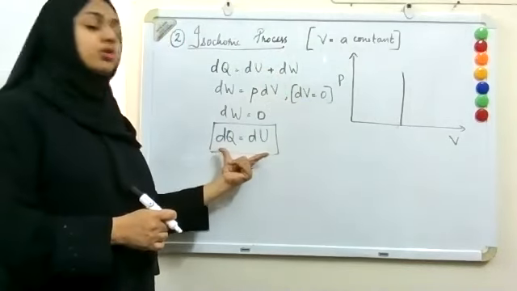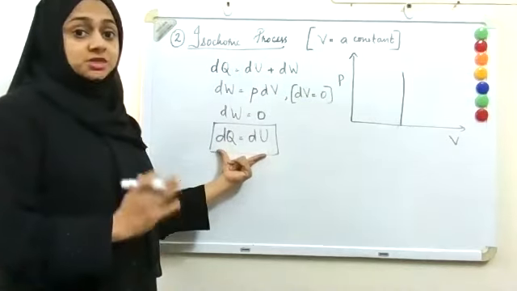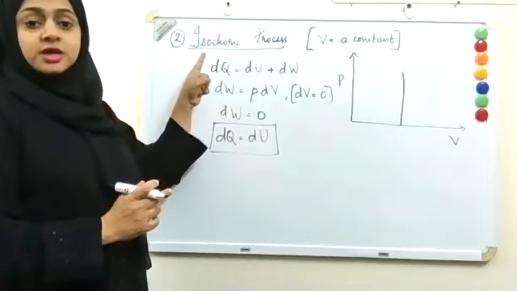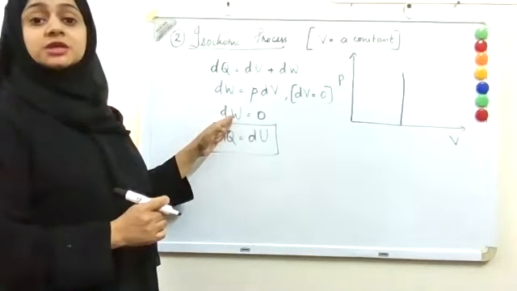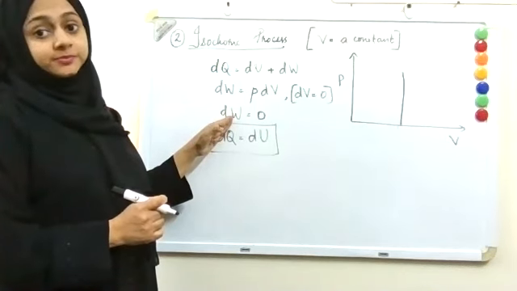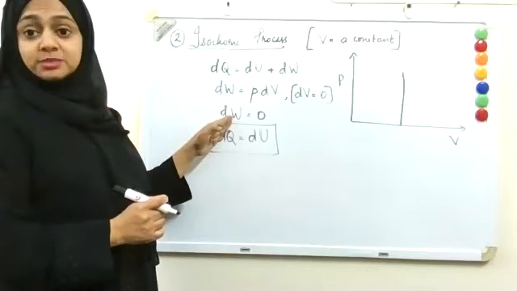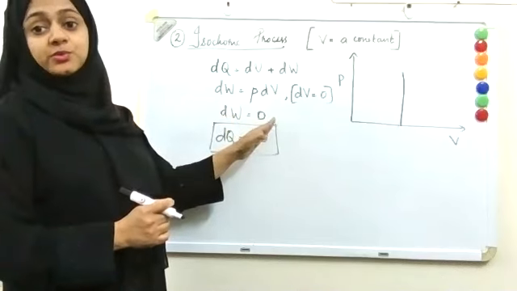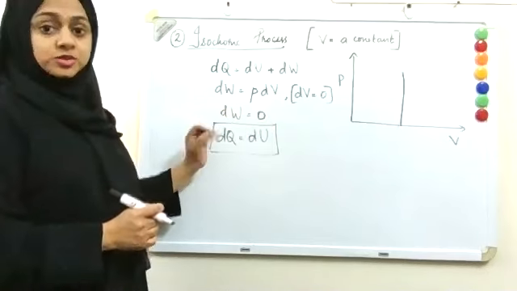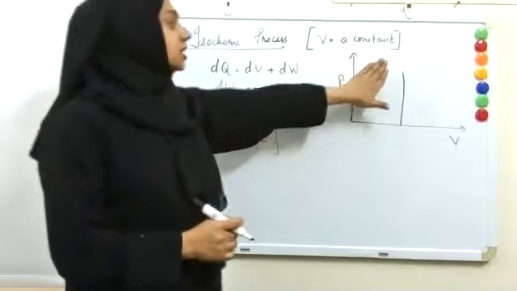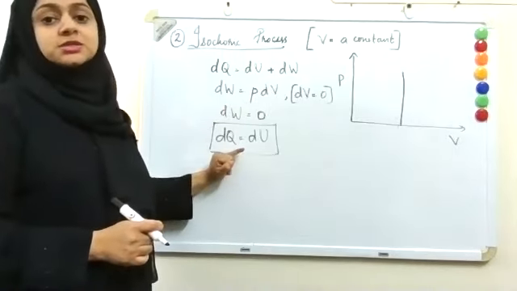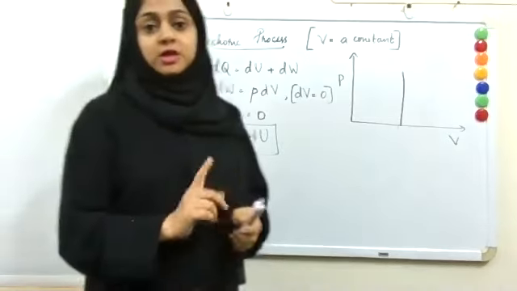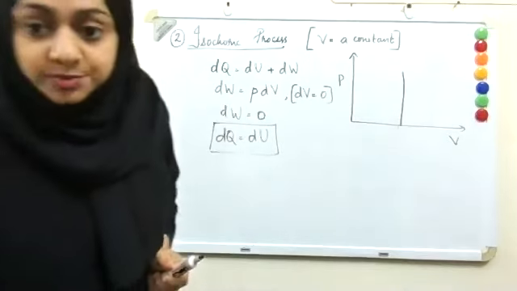Therefore, this is how the first law will appear for an isochoric process. And what about the work done during an isochoric process? The work done by the system is 0. So these are the three points: the indicator diagram looks like this, the work done is 0, and this is the form of the first law in an isochoric process.